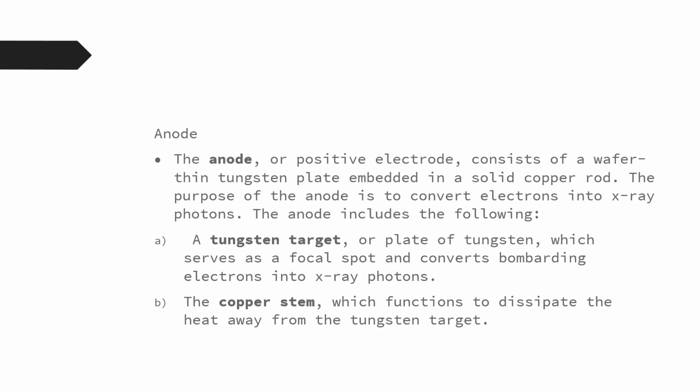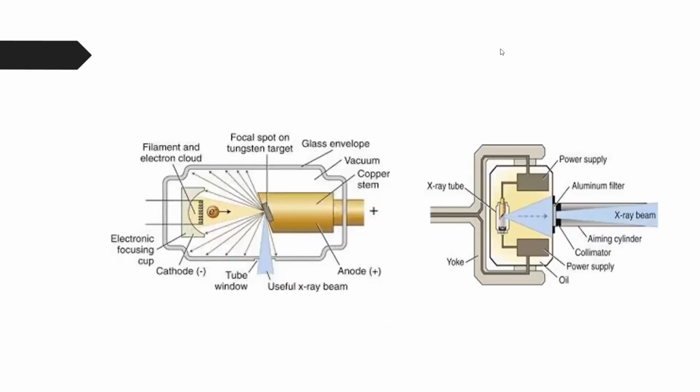So the anode includes a tungsten target, which serves to convert electrons into X-ray photons, and it has the copper stem, right? And this functions to dissipate the heat away from the tungsten target, right? So this is another picture showing us the X-ray tube head, right?